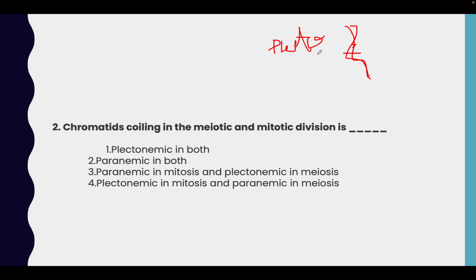So these structures will remain like this in plectonemic. And what is in paranemic? In paranemic, two strands simply lie alongside each other and they can be easily pulled apart. Okay, so if these could be easily pulled apart, so which kind of coiling will be in meiotic and which will be in mitotic?